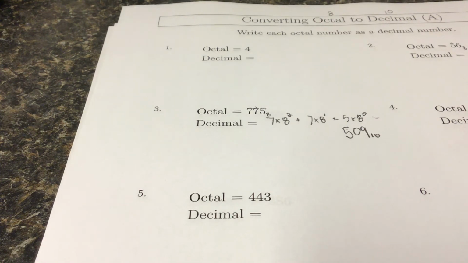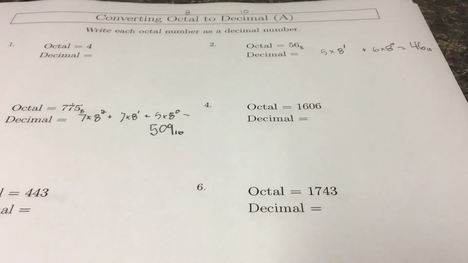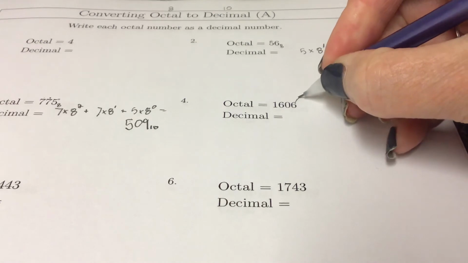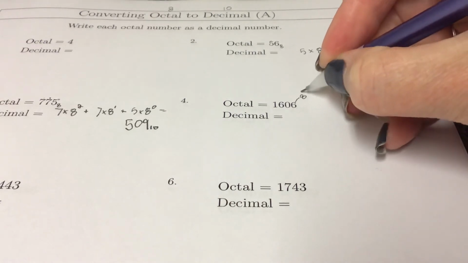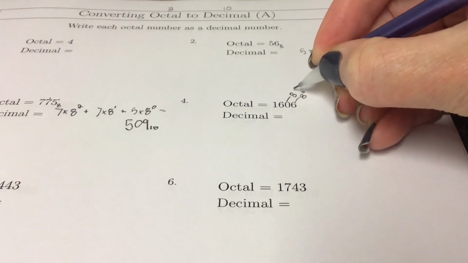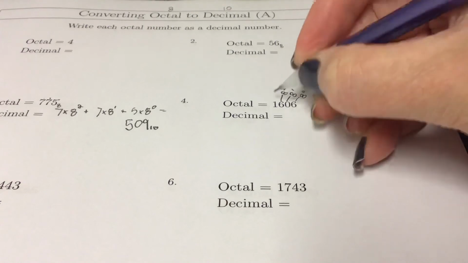And let's talk about just one more here. Actually, maybe we'll talk about 2, but this one. So this piece would be times 8 to the 0. This would be times 8 to the first. This would be times 8 to the second.